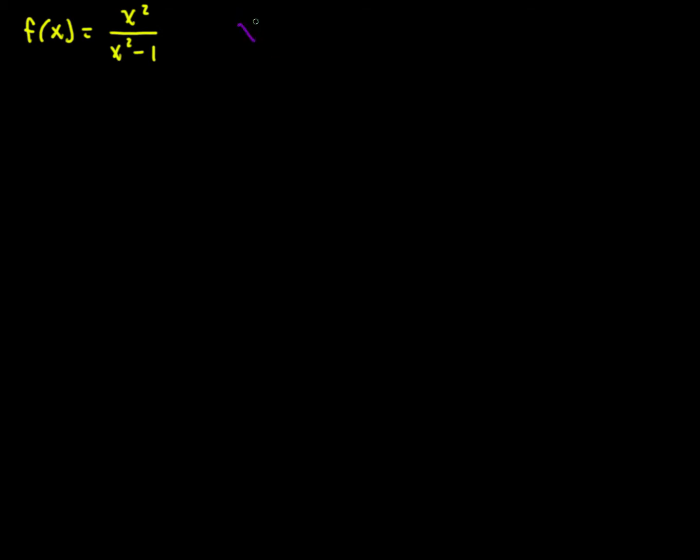So we know that x squared minus 1 can't be 0, which tells me that x squared cannot be 1, which tells me that x cannot be plus or minus 1.